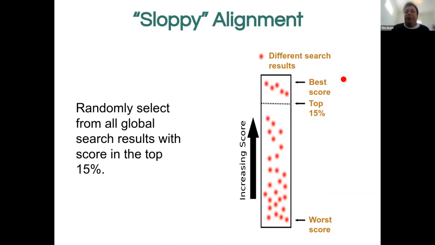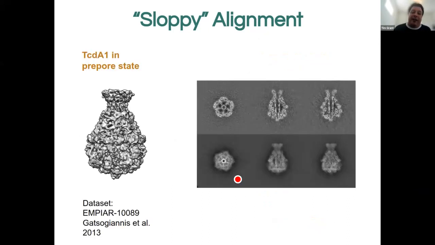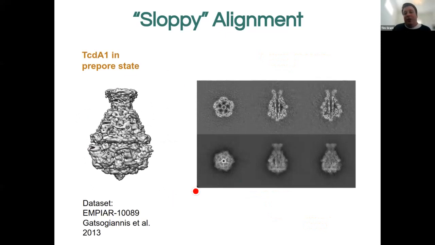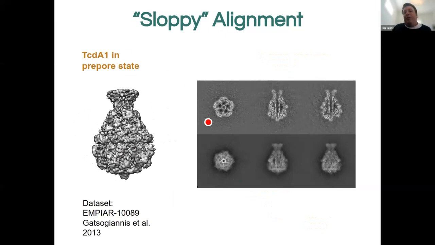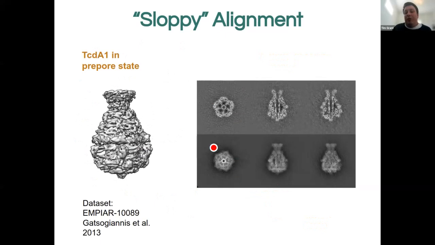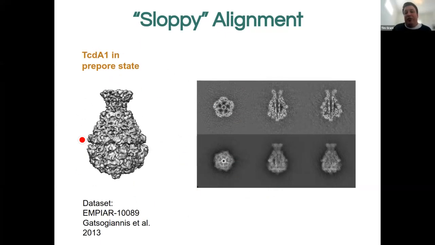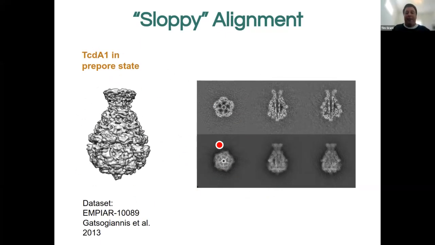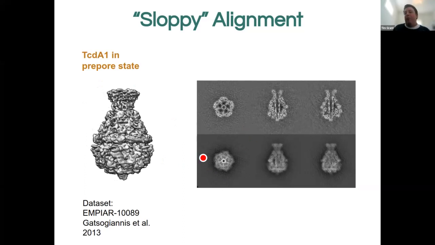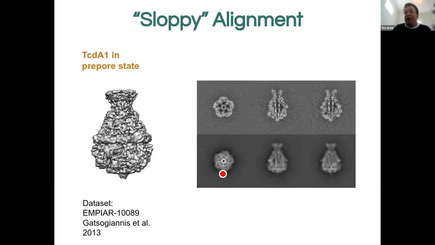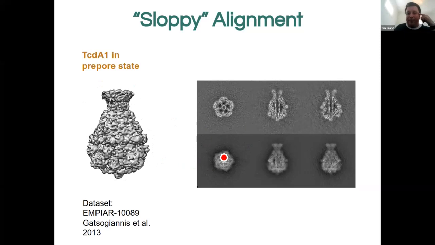It turns out this was incredibly powerful for us in terms of escaping these local minima and finding the correct solution. If you simply turn this on, you solve the problem that I showed you before. Now you have a nice even distribution, and you see it looks the same from all different directions, even though this is an asymmetric reconstruction.